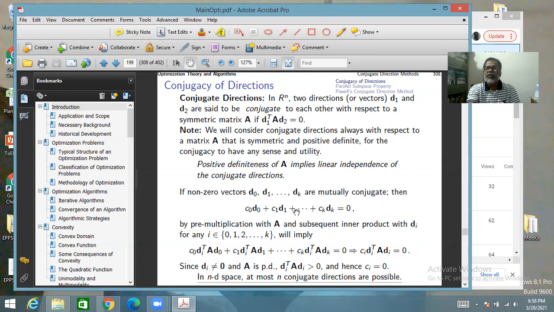Therefore, this linear combination equal to 0 will mean that each component is individually 0, and that means that these are linearly independent. That also means that in n-dimensional space, at most n conjugate directions are possible. After you have got n which are mutually conjugate, then you know that you have exhausted the space.